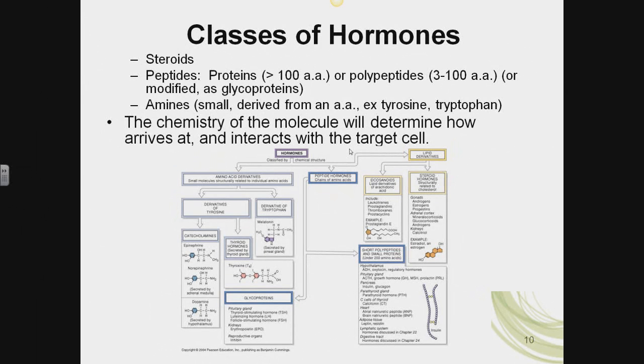And tryptophan is shown on the screen as well. Tryptophan can be used to make melatonin, and tryptophan can also be used to make tyrosine, which can be converted into epinephrine, norepinephrine, dopamine, and even used for thyroid hormone. More on that later. But again, the largest category are the peptide-derived, either full-blown large proteins or smaller peptides.